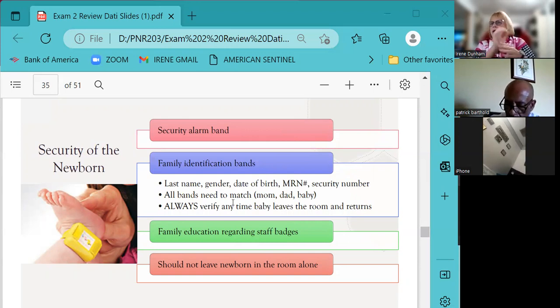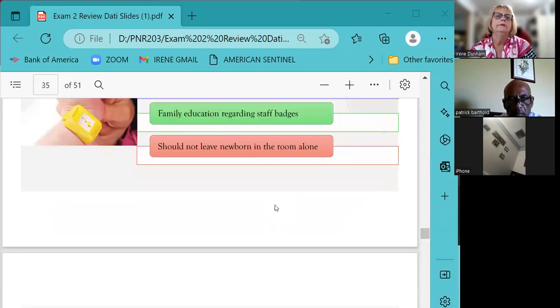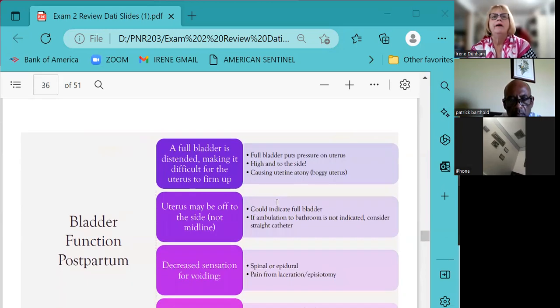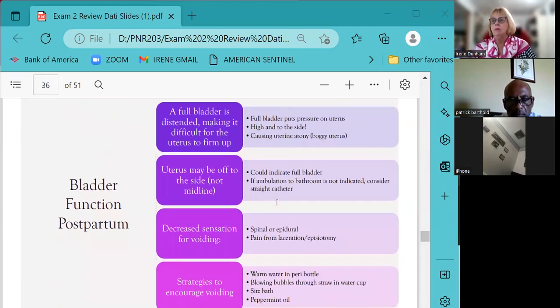These bands are so important for identification, so we make sure that the right baby stays with the right mom. You have to actually tell the parents, do not remove the band. Some parents will look at it and say, well, I don't want that on my baby, and they cut it. No, no, no. Must leave that band on.